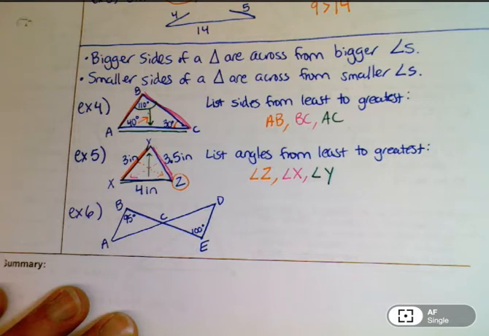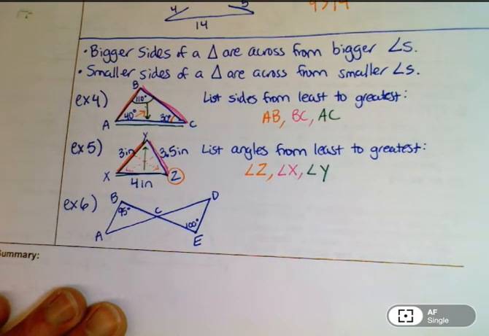Okay. So the question here is, what can we conclude? Are there any conclusions we can make about what sides might be bigger or smaller than other sides, or what angles might be bigger or smaller than other angles?